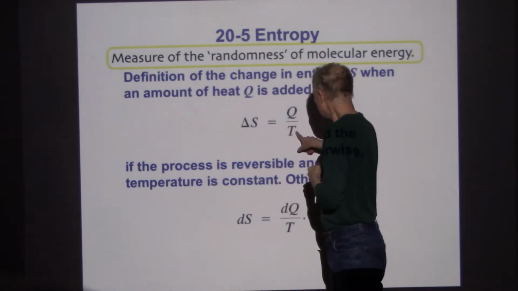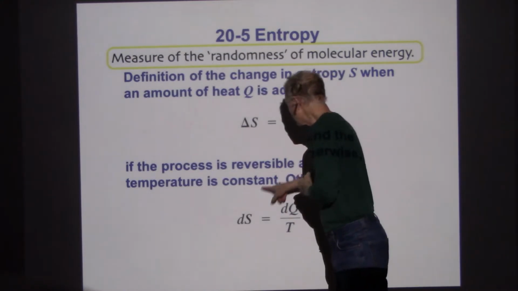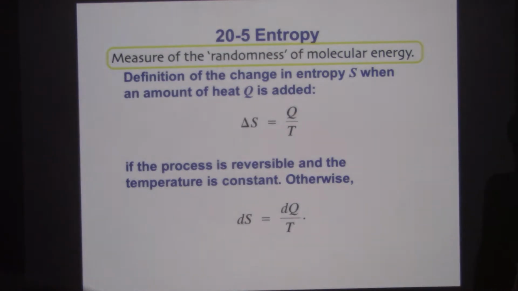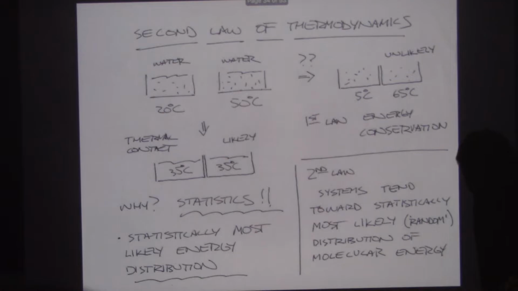Now, if the temperature is changing during that process, then we have to step back and carry out an integration. So we have to go back and do this one step at a time.